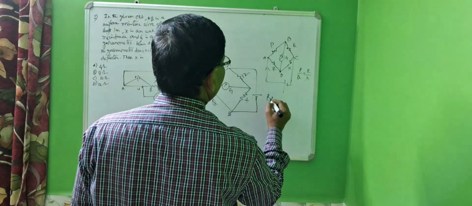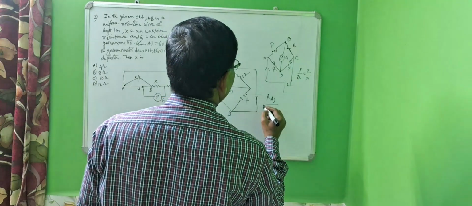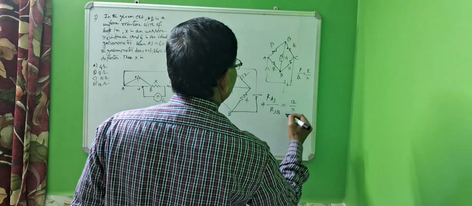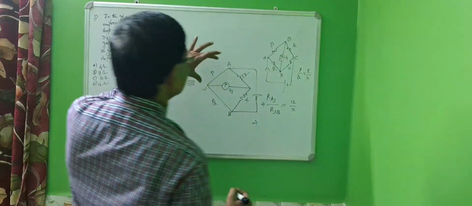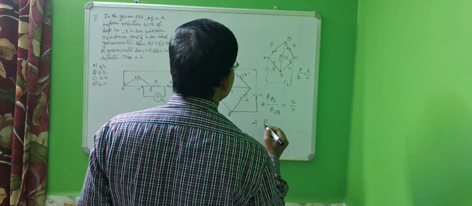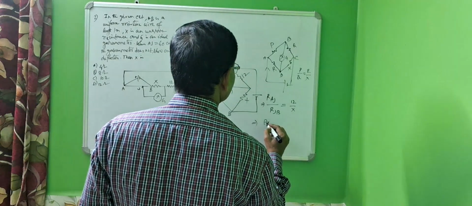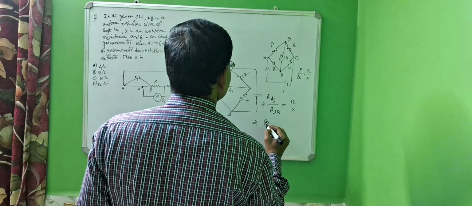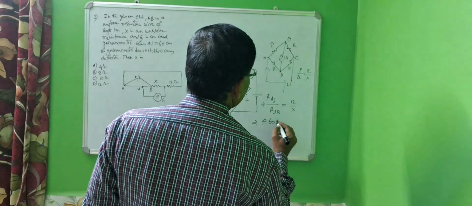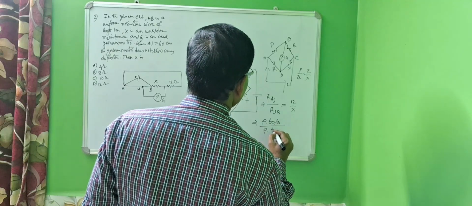So we can write RAJ divided by RJB equals 12 upon X, which implies RAJ equals rho into 60 upon A, divided by rho into JB.